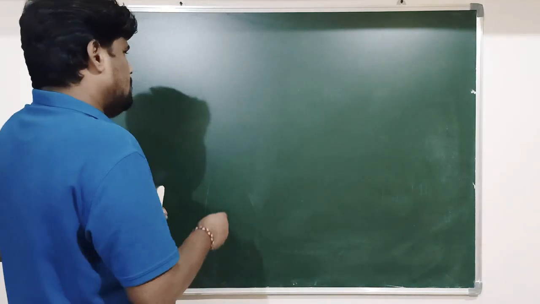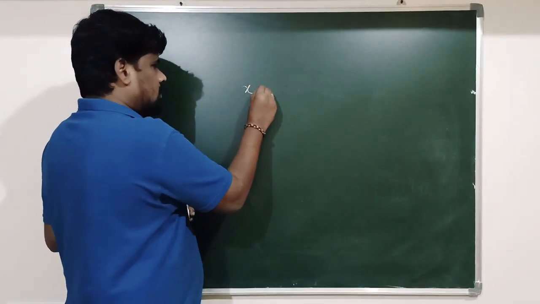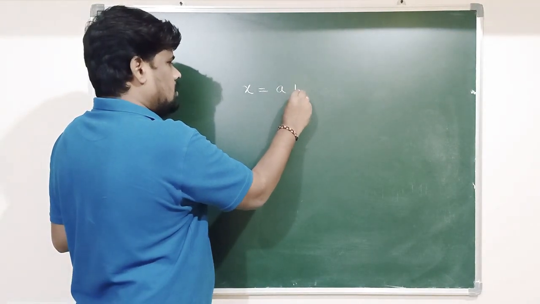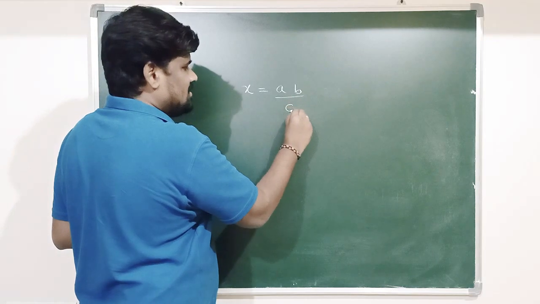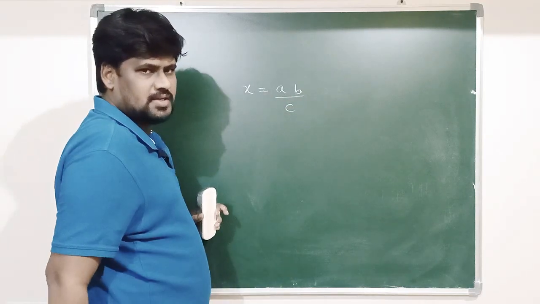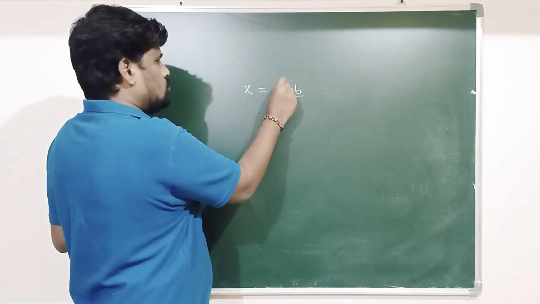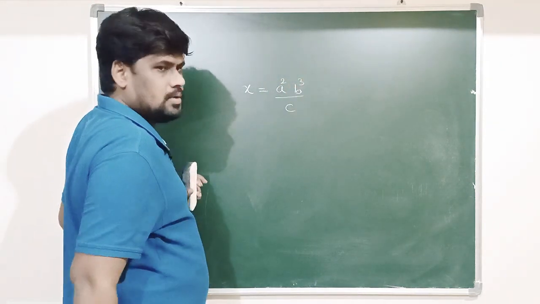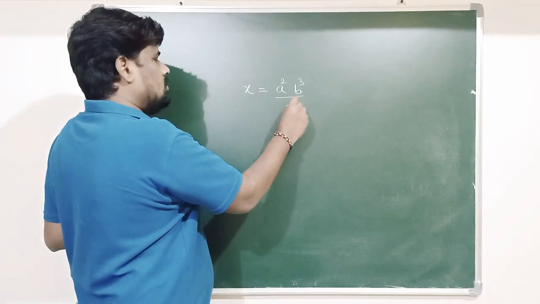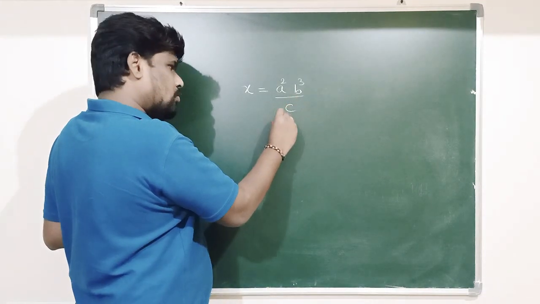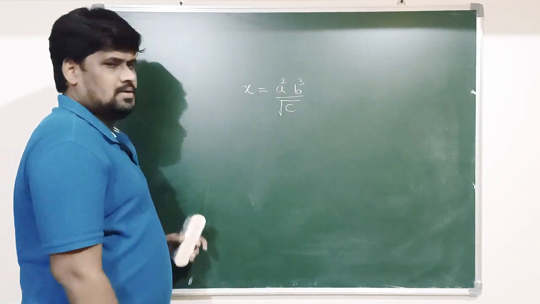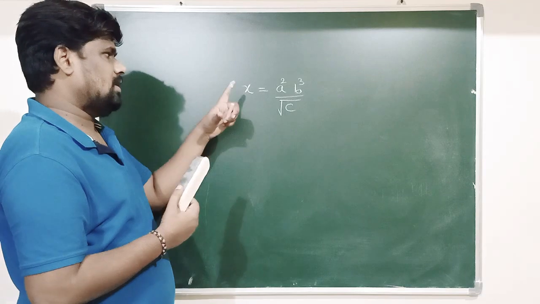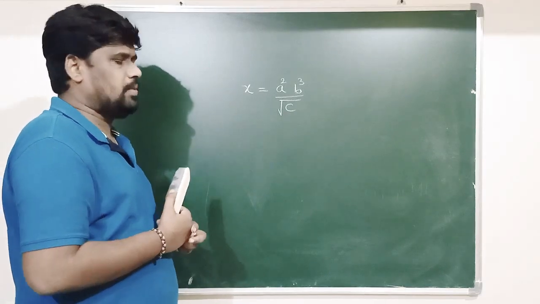Say for example, X is a physical quantity which depends on A, B and C as per this relation: X is equal to A square into B cube divided by root C.